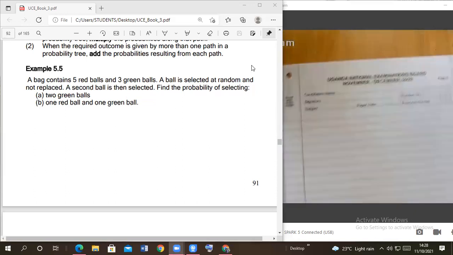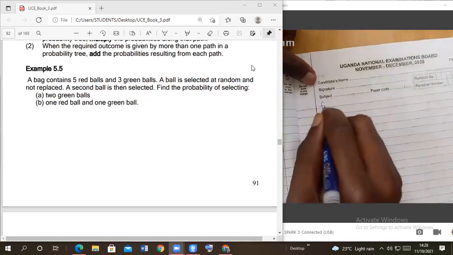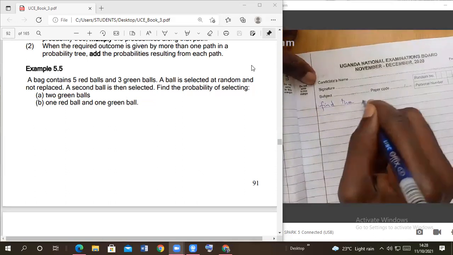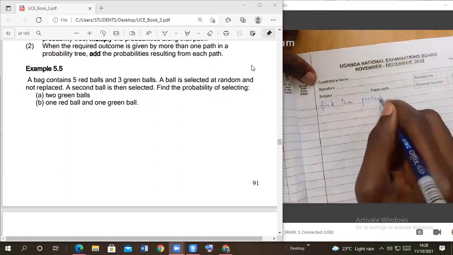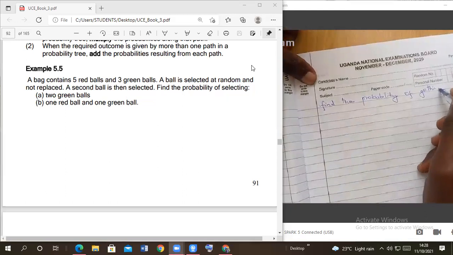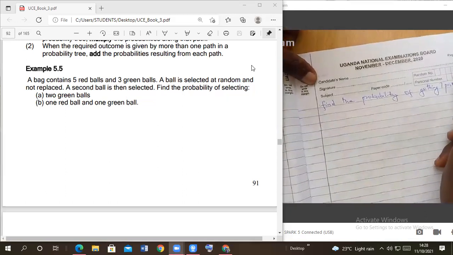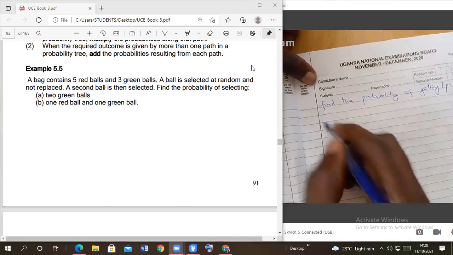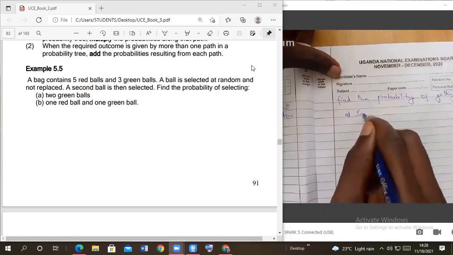So now the question is, find the probability of getting or picking, part A, the same color.